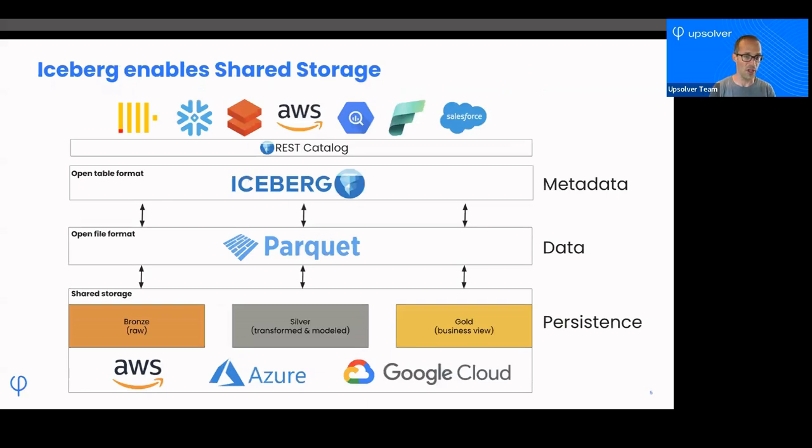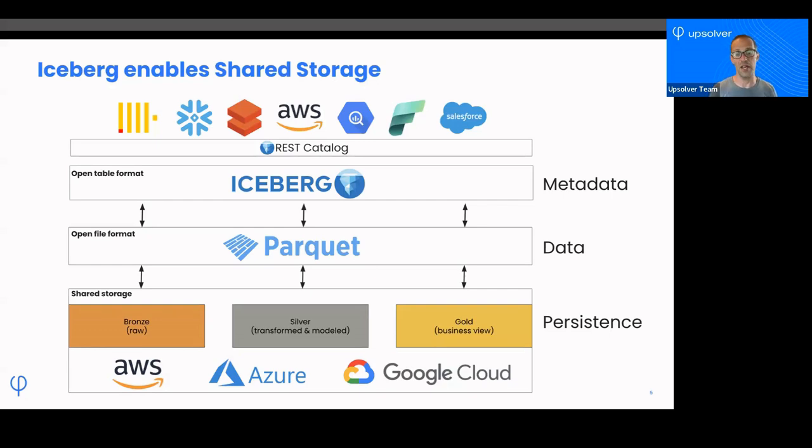So again, you heard Snowflake and Databricks making a big commitment to Iceberg. AWS, all their analytics services support Iceberg, BigQuery, Azure Fabric, Salesforce also recently talked about integration with Snowflake with regards to accessing Iceberg tables. So the ecosystem is expanding faster than we can count.